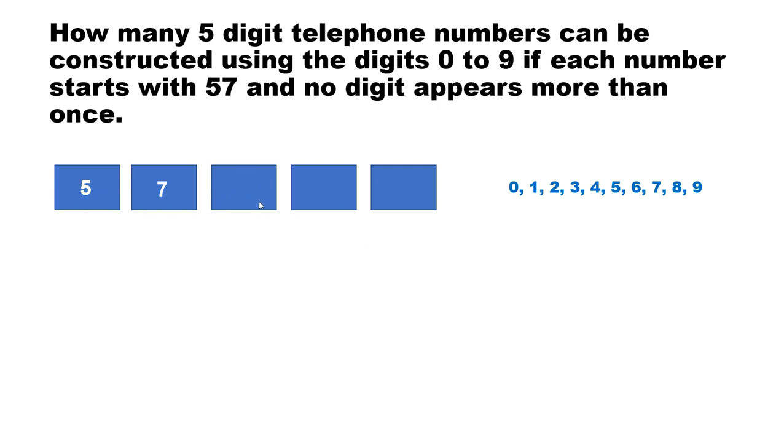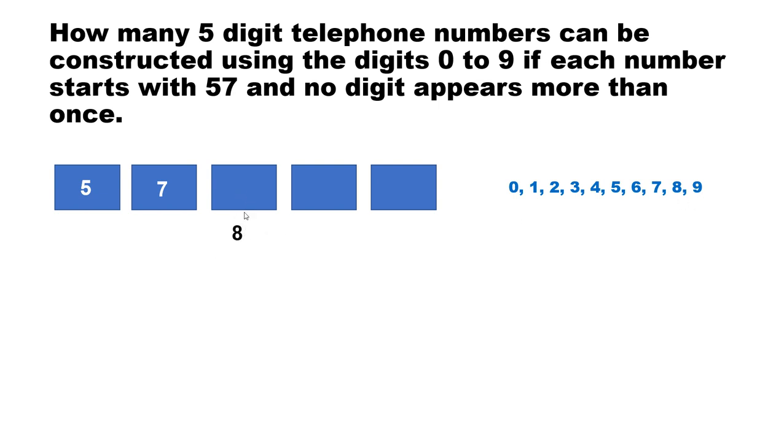How many possible digits do we have for this box? Because 5 is already used up and 7 is already used up, and because the condition says no digit appears more than once, it means no repetition. So for this one, the choices we have are 10 minus 2, 8 available choices.